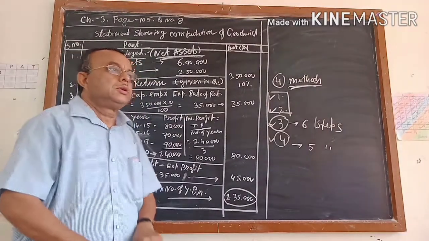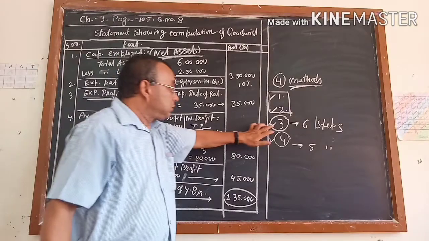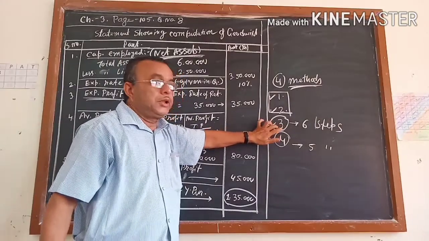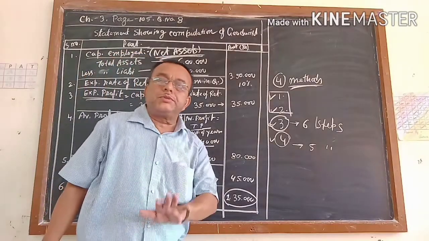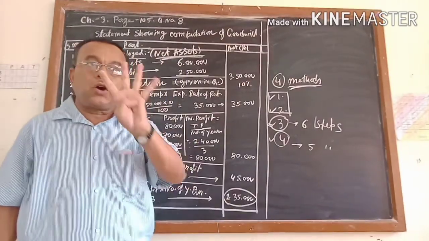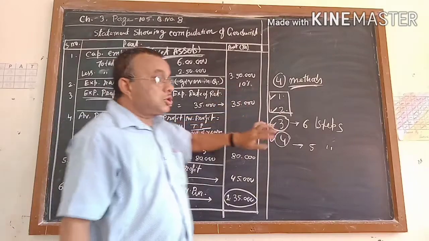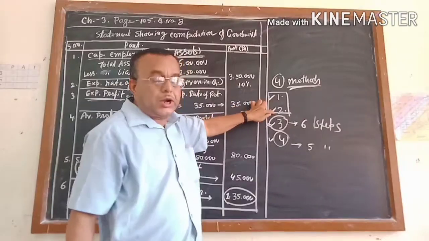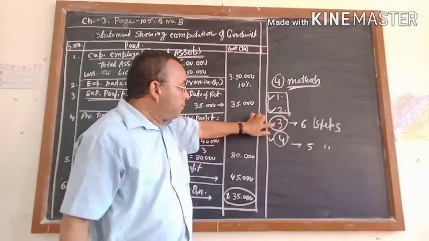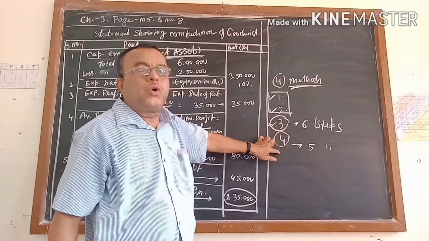Keep in mind the super profit method, the third method. Once again I am telling you, you are having 6 steps. The question will come from this chapter 1 as a practical sum of 4 marks. Most of the time I have seen that it will not come from method 1 or method 2, it will come from either 3 or 4.